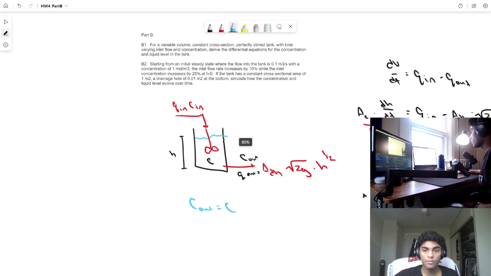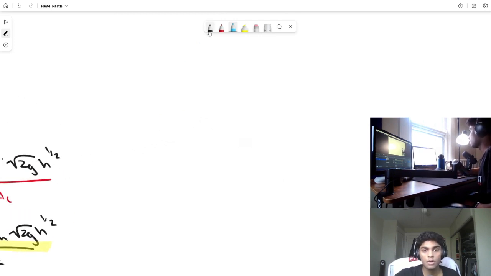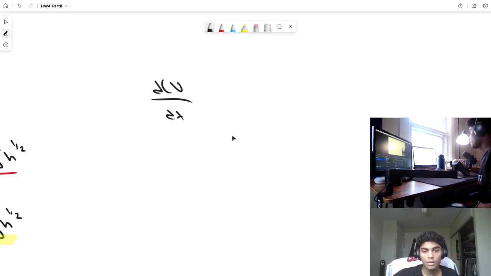So our next differential equation is going to focus on the change of concentration and volume over time. And essentially what we have here is going to be equal to the Q in times C in minus the Q out times C out.